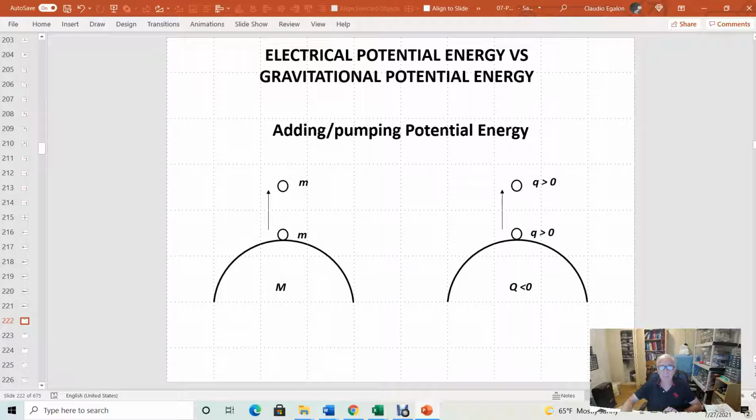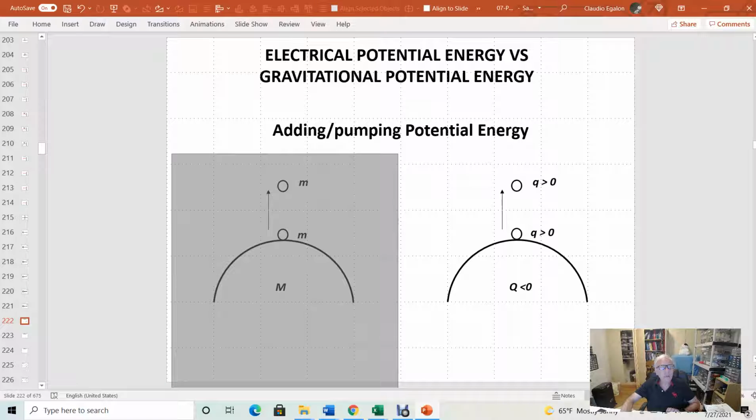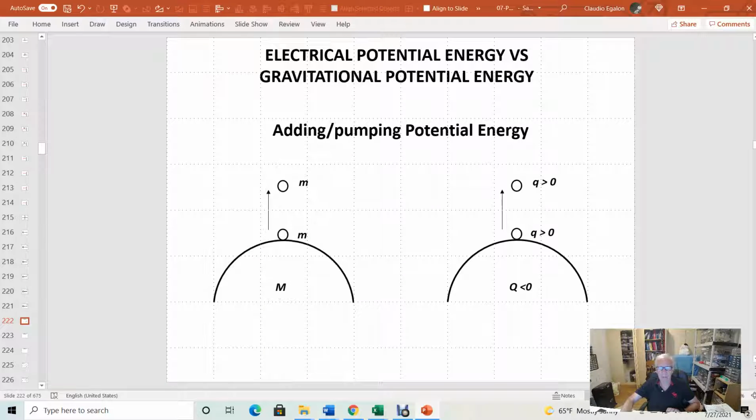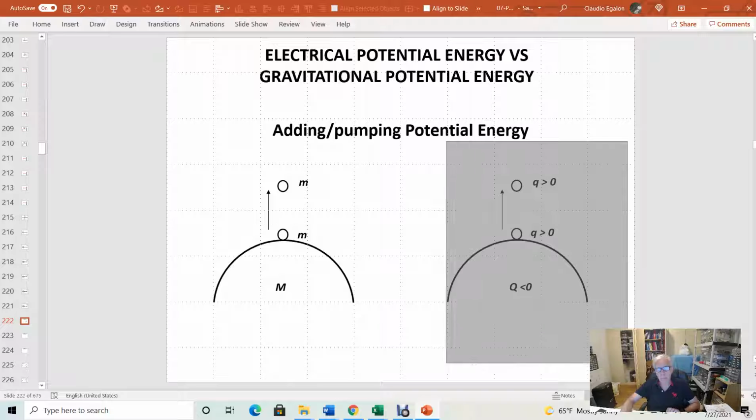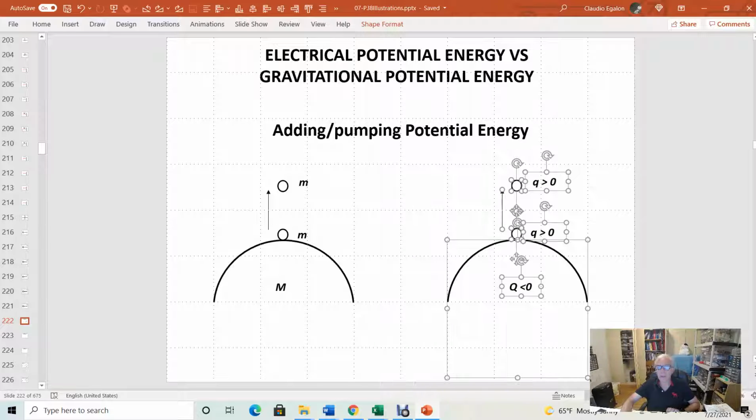That's what we're doing. Okay? But instead we tell the student that we're pumping potential energy into this little mass. That's not true. It's easier to understand this way, but in reality, strictly speaking, we are adding potential energy to the two masses. Here too, we are adding potential energy to the two charges.